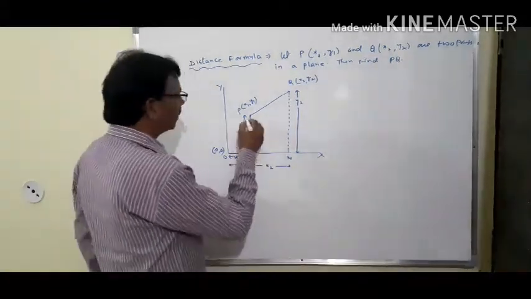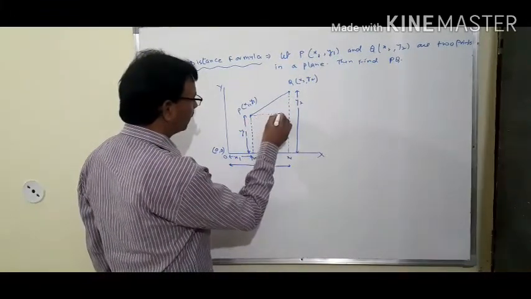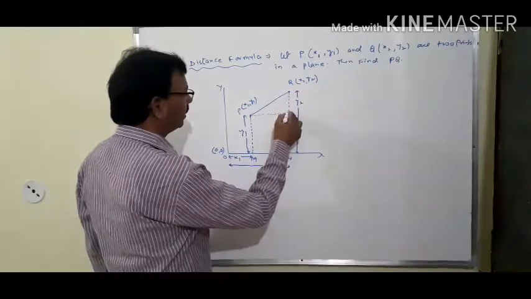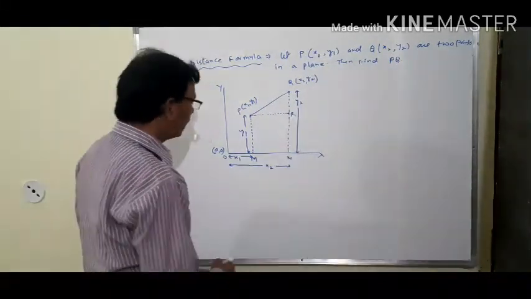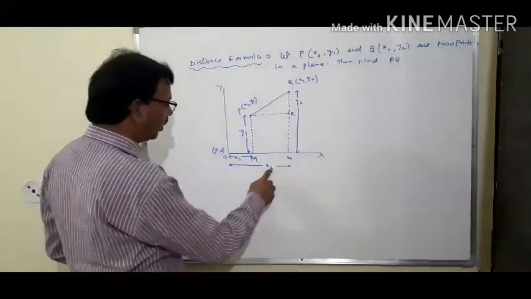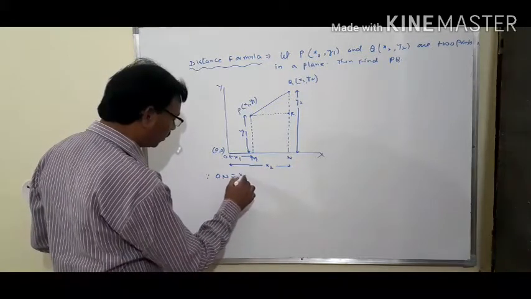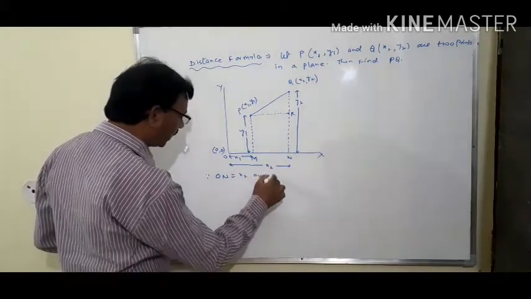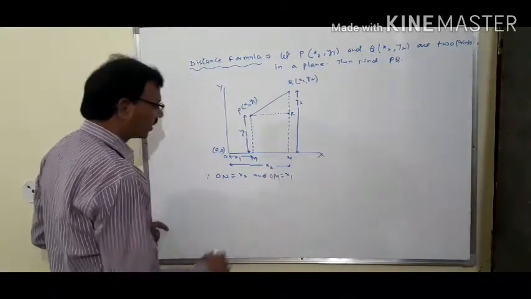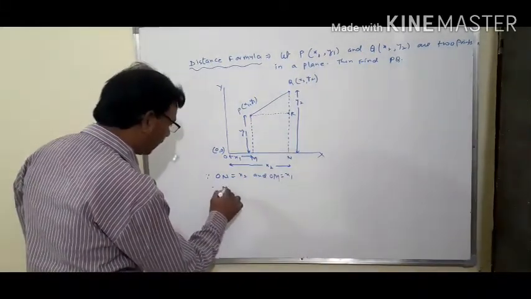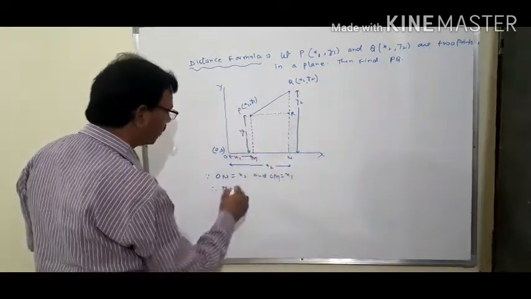Again, draw a perpendicular from P on QN and denote this point as R. Now, ON equals x2 and OM equals x1. Therefore, MN equals PR, both are the same.